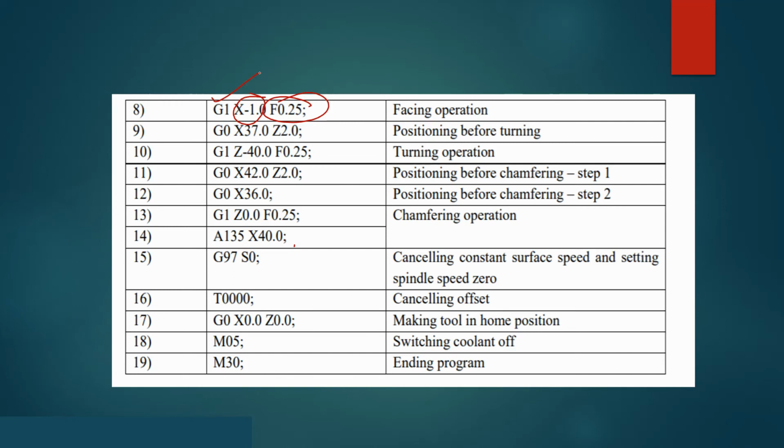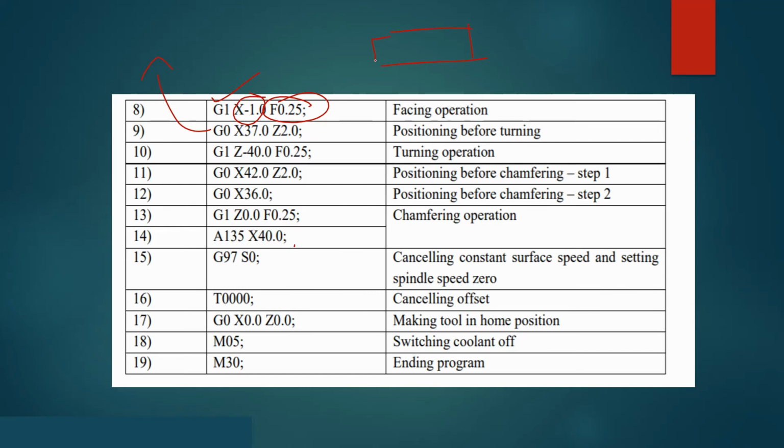After finishing the facing operation, where do we have to position? We are planning the turning operation next to the facing operation. By that time we have to position, so we are positioning with G0, the positioning command: X37.0 Z2.0. See here, this one will be the job. We have to remove up to 37.